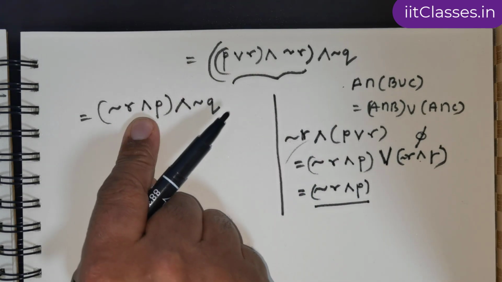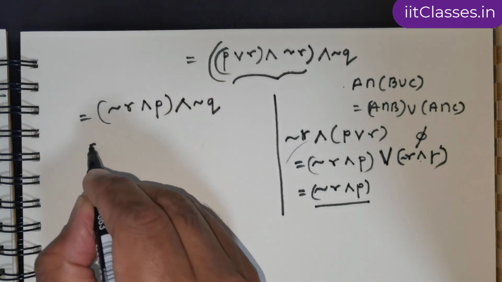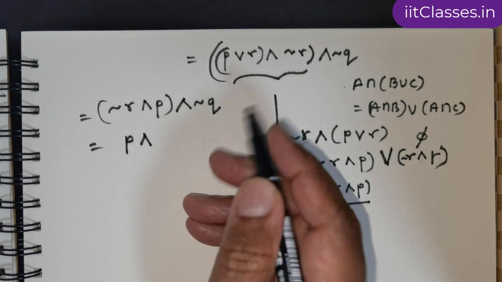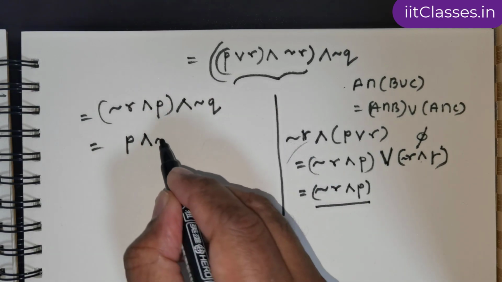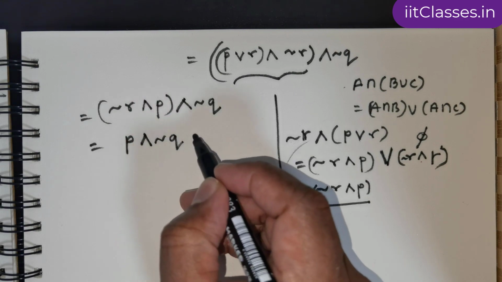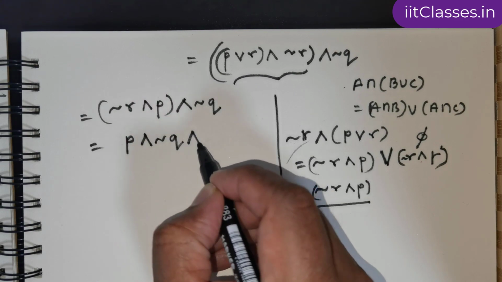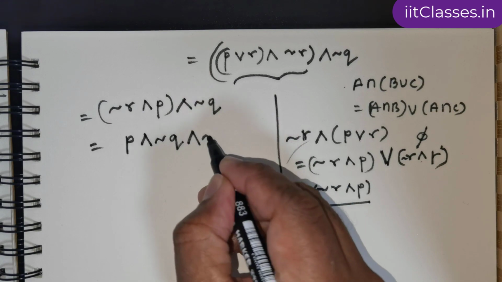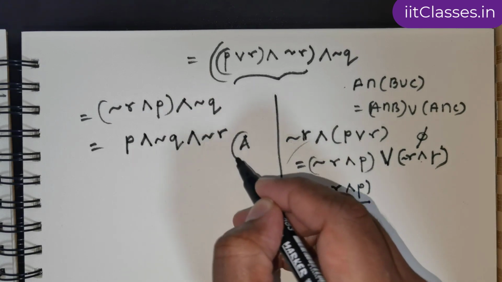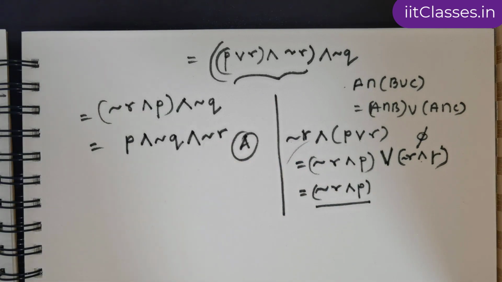See, you have conjunction, conjunction. It can also be rewritten like this: P conjunction negation of Q followed by conjunction negation of R, which is nothing but choice A, right?